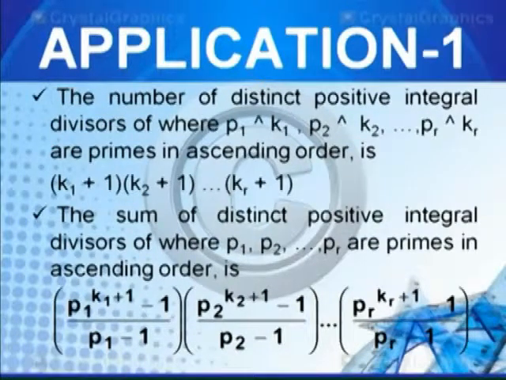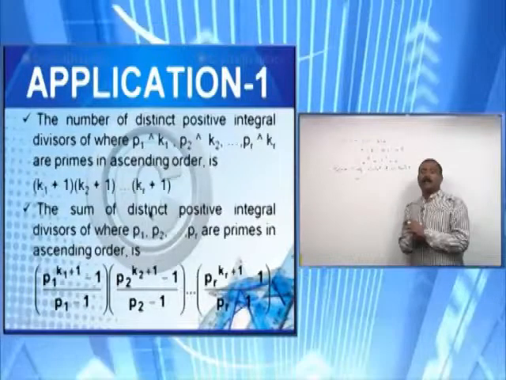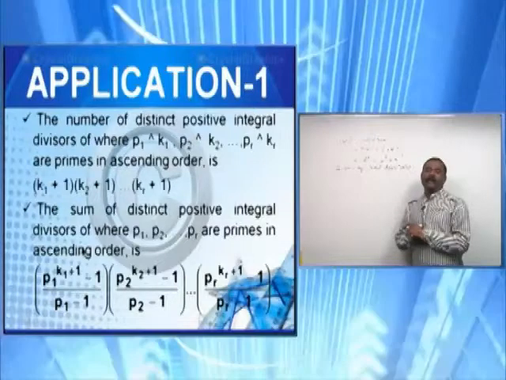The number of distinct positive integral divisors of a number with P1 power K1, P2 power K2 and so on, PR power KR, where the primes are in ascending order, is K1 plus 1 into K2 plus 1 into so on into KR plus 1. I have taken them as 2, 3, 5, 7, but here the primes are named P1, P2, P3.